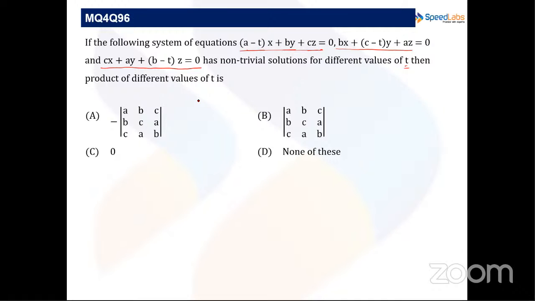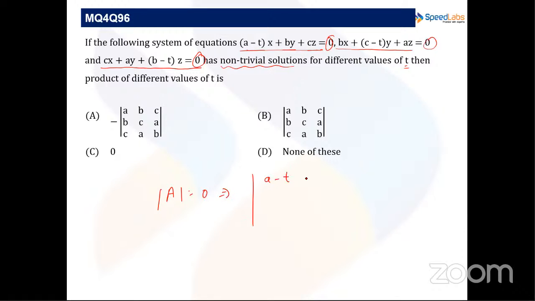So what we will be having here is all these values are 0. So it is said that they have non-trivial solutions. So for non-trivial solutions, the determinant value of all the coefficients will be equals to 0.